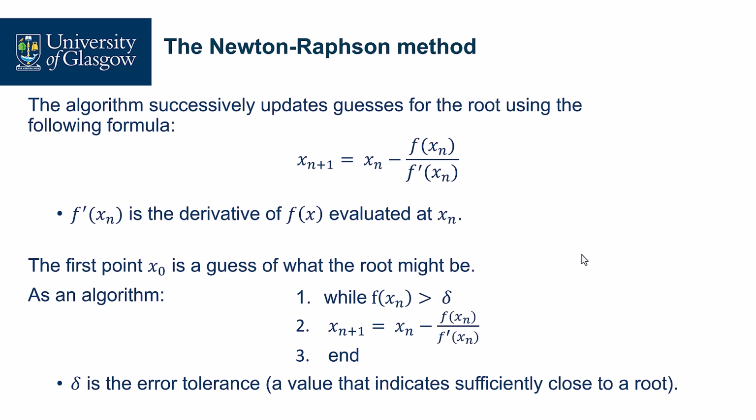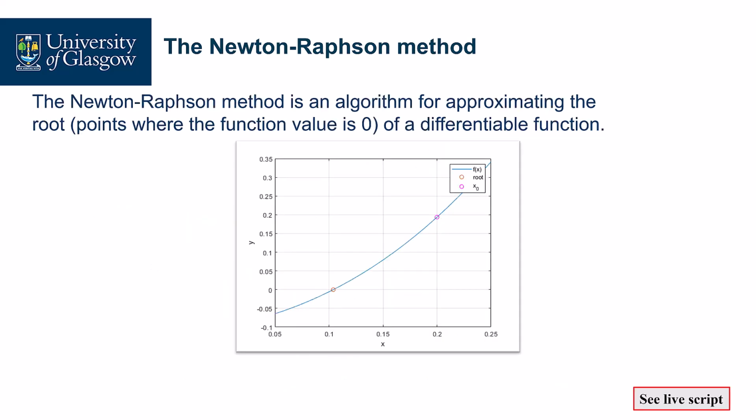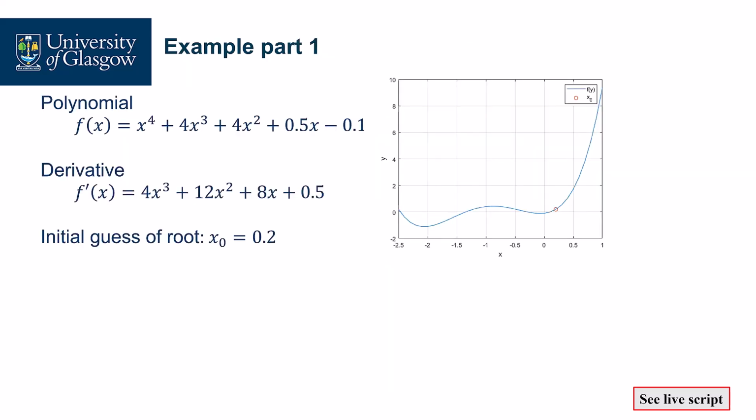So let's summarize the Newton Raphson method. This is an algorithm for approximating the root, the points where the function value is 0, for a differentiable function. We will continue improving the x value until we eventually get the root. Here I provide the polynomial.